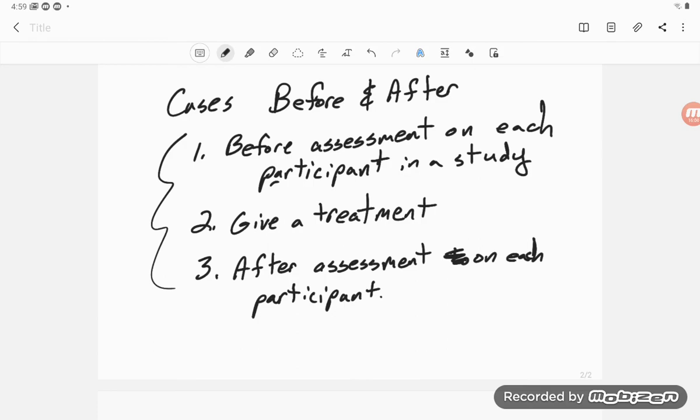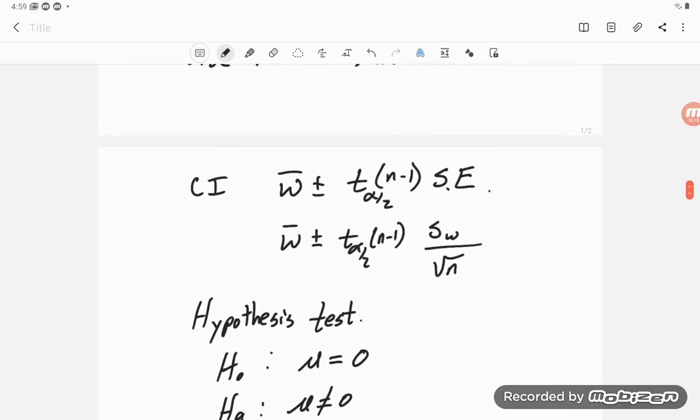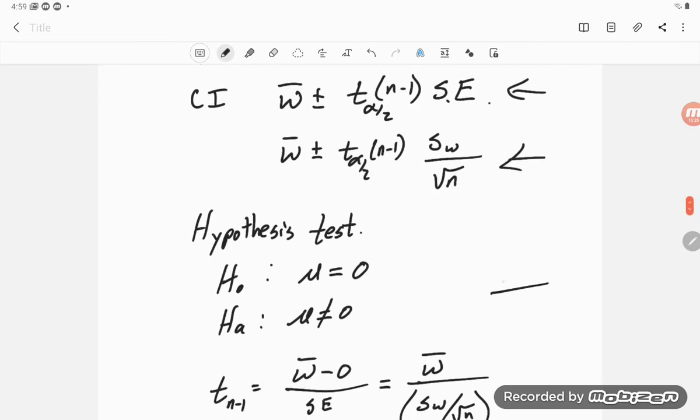So this is all that's going on in the case of paired data. It's not a new technique or anything like that. If it's paired data, I use the same confidence interval, same sort of hypothesis test.